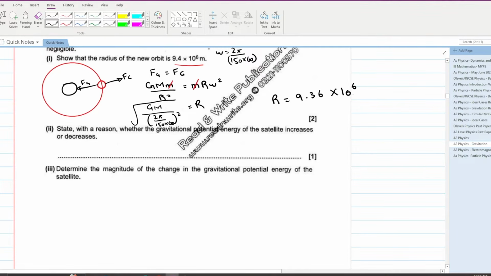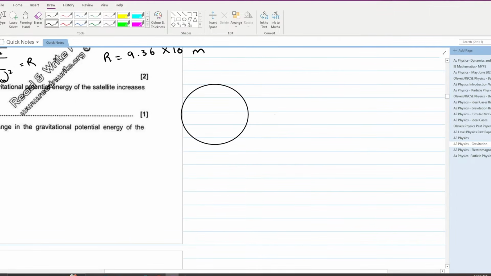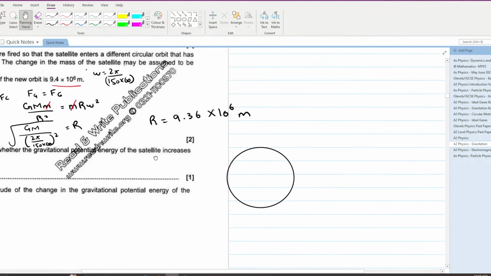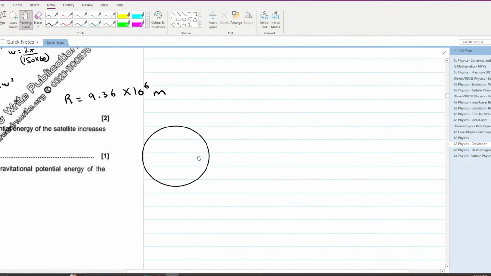State with the reason why the gravitational potential energy of the satellite increases or decreases. Dekho, as you are going away from the planet, always remember, let me make the diagram here. You are going away from the planet. ठीक है, आपका radius बढ़ रहा है. Initially it was 6.86, now it is 9.36.